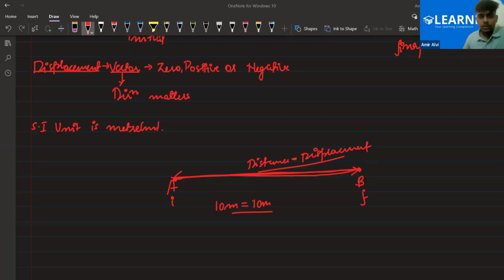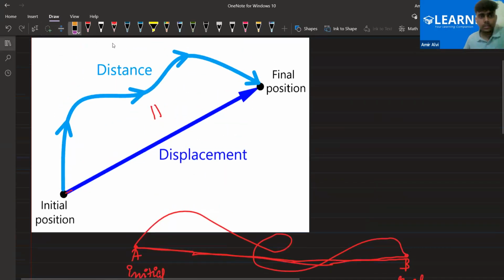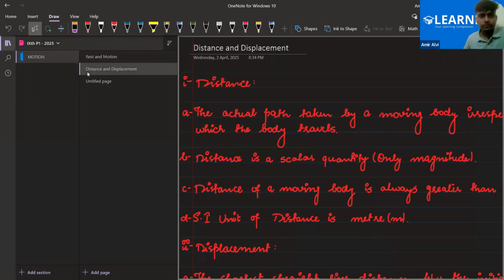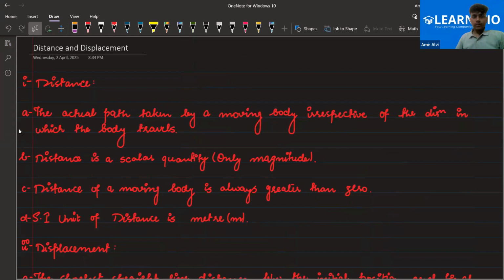So let's get back to the original question. Over here, these are the definitions given in front of you. First, distance is the actual path taken by a body irrespective of the direction.